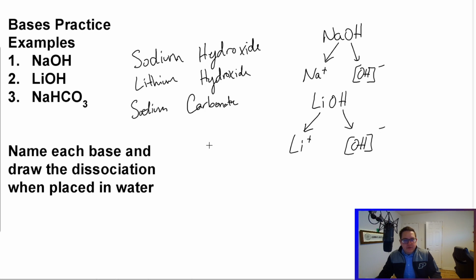If we look at our structure for sodium carbonate, it's Na, C, double bonded O, H. I feel like I'm missing an oxygen here. I sure am.